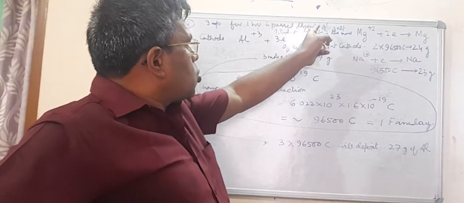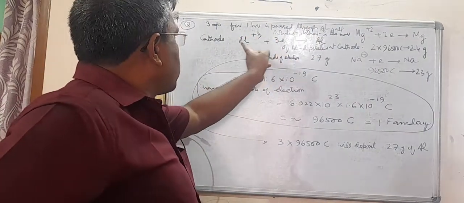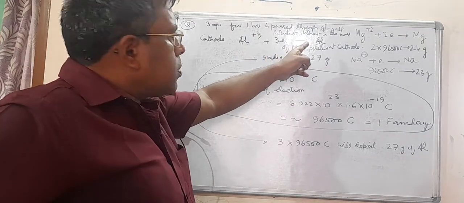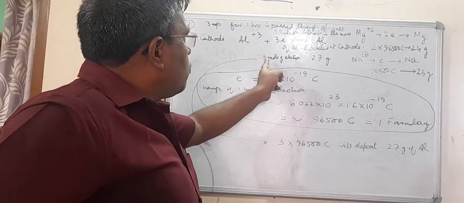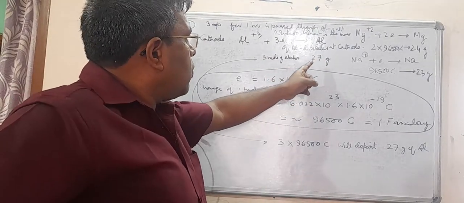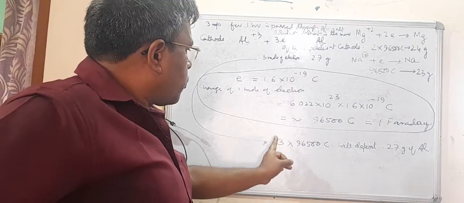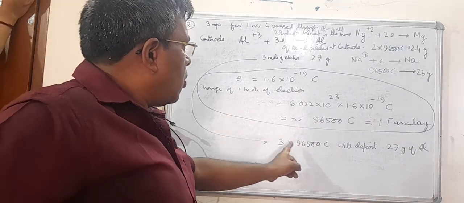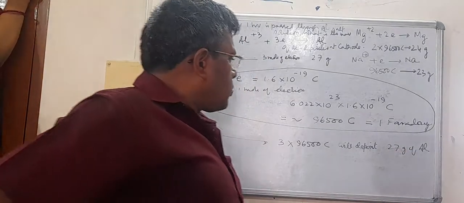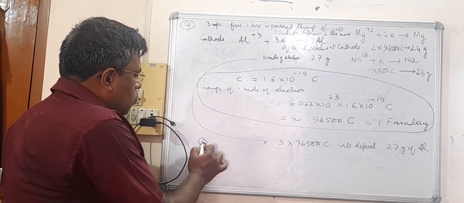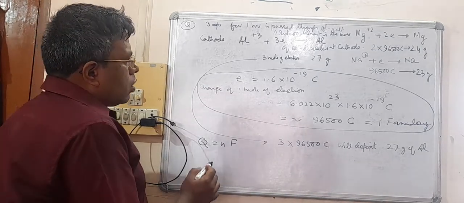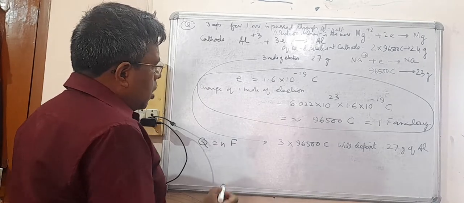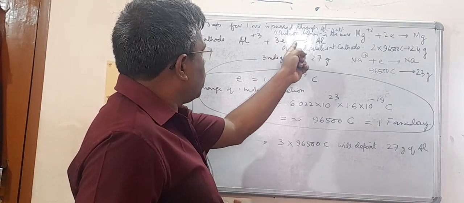Now to answer this question, first you have to write this electrode process, and then you will say that 3 moles of electron will deposit 27 gram. So 3 into 96500 coulomb will deposit 27 grams of aluminum.